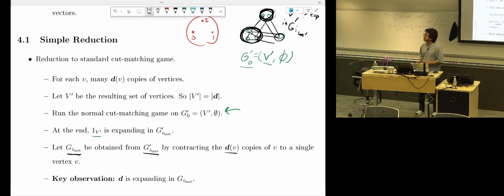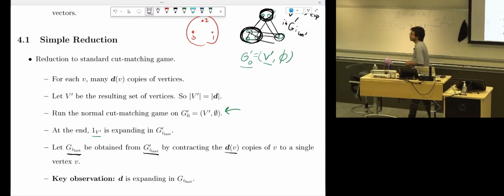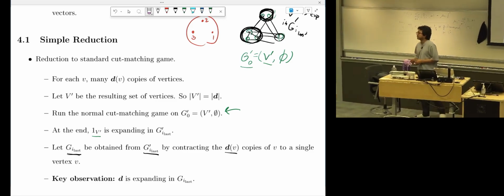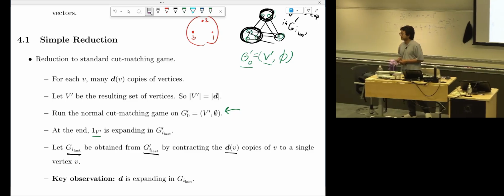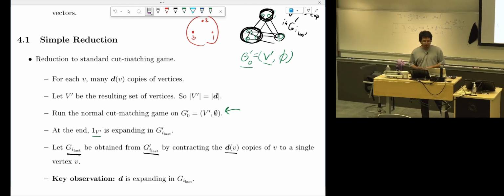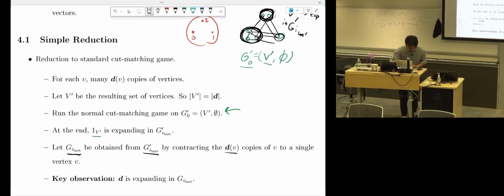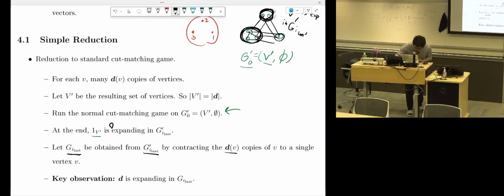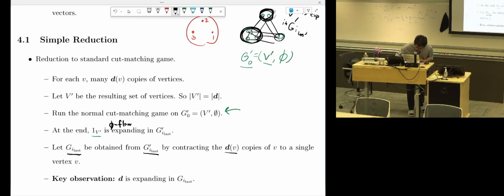Can I just say, if you have a flow expanding thing, then sending from any copy to any copy is basically the same as sending between the same nodes. Yes, good, exactly. If this is phi flow expanding, then this is gonna be phi flow expanding too.